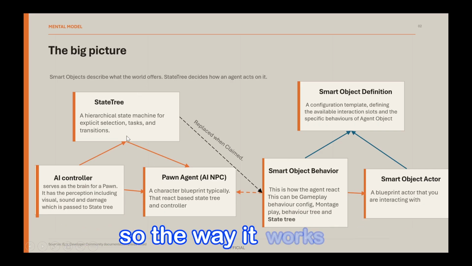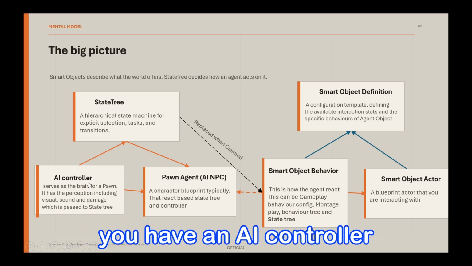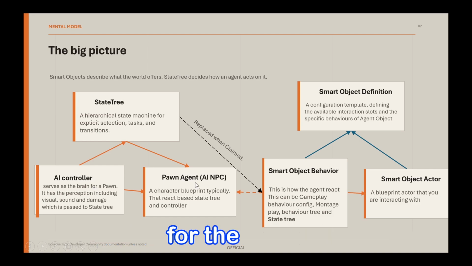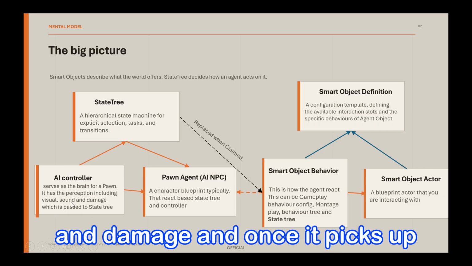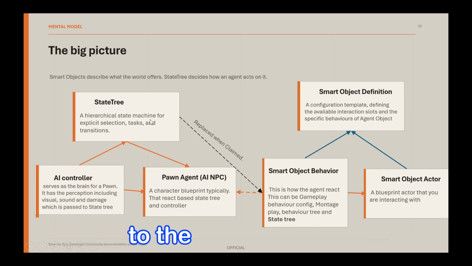The way it works is you have an AI controller, and that serves as a brain for the pawn. So this would be your third person blueprint, or sorry, enemy character. It will have an AI controller, which is its brain, and it can handle all the perception, including visual, sound, and damage. Once it picks up on this, it sends an event to the state tree. The state tree runs the logic.